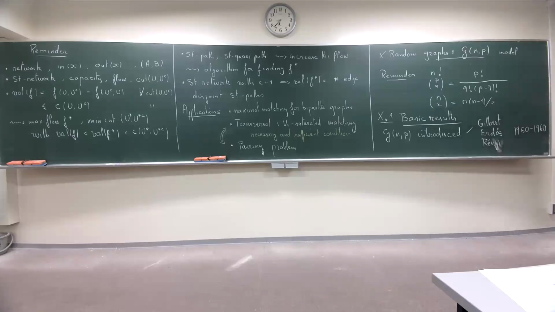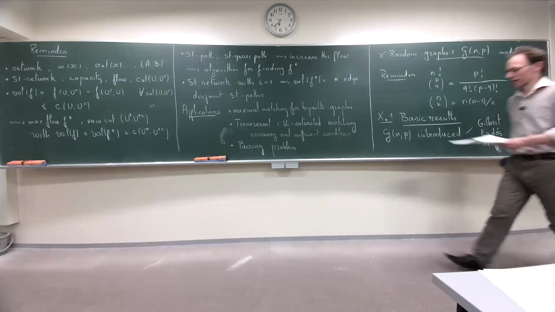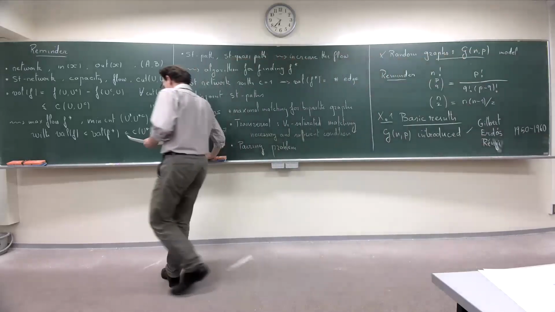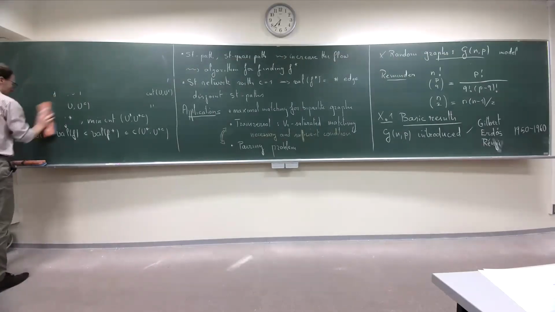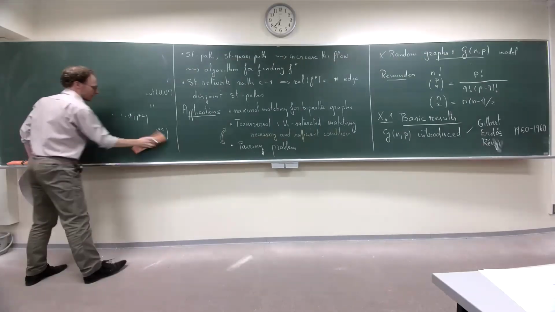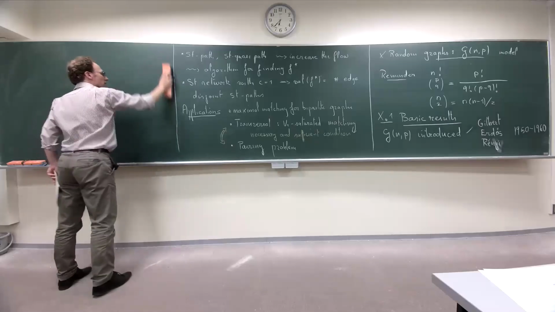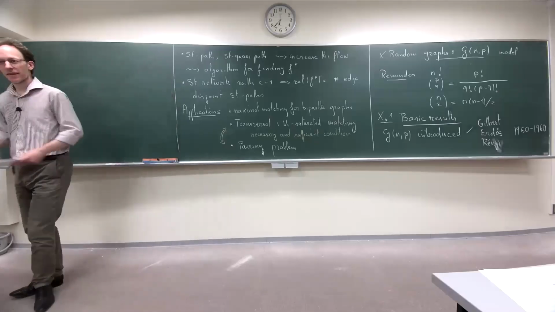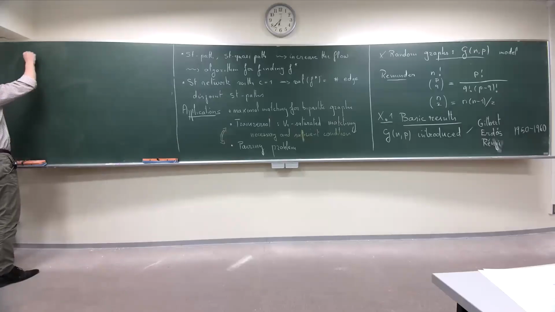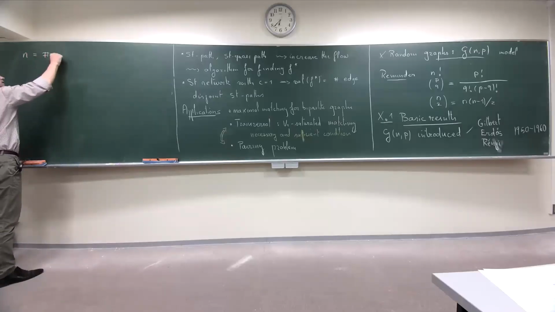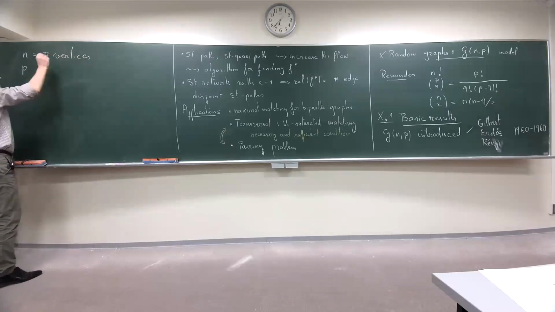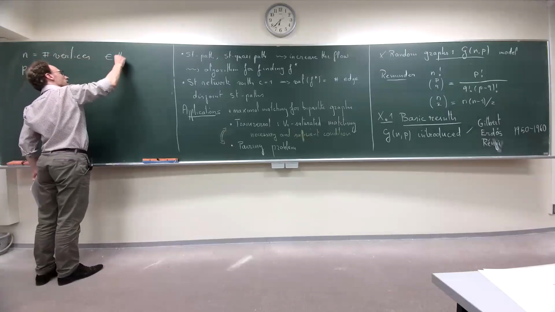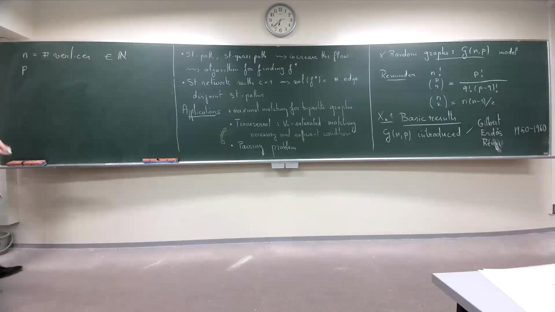In my notes, it's probably not written this way. This model has different names. I wrote these different names in the notes. What is the n and what is the p? Yes, n in the model is going to be the number of vertices. So it means in particular that n is an integer, it's not 0.